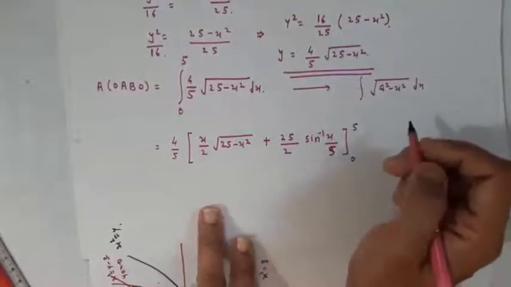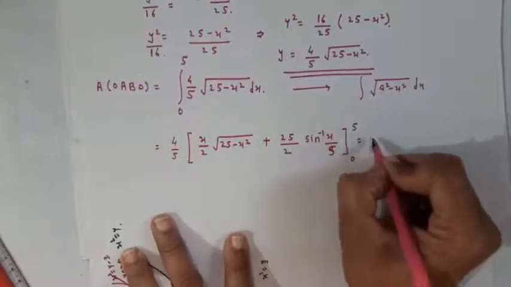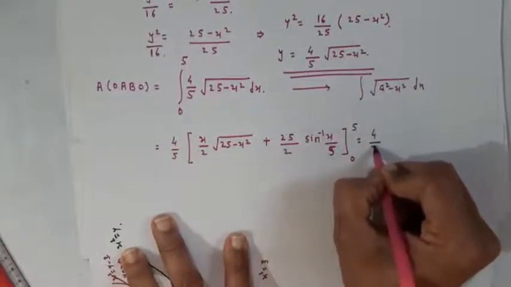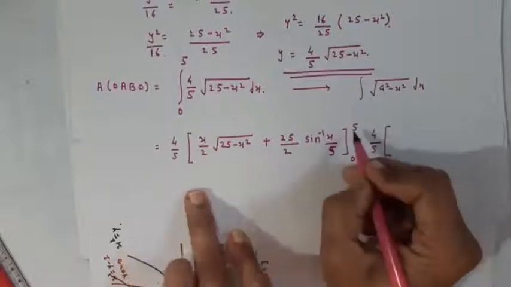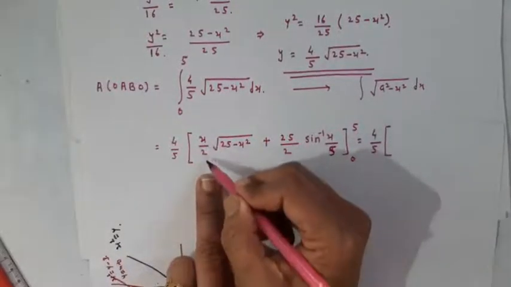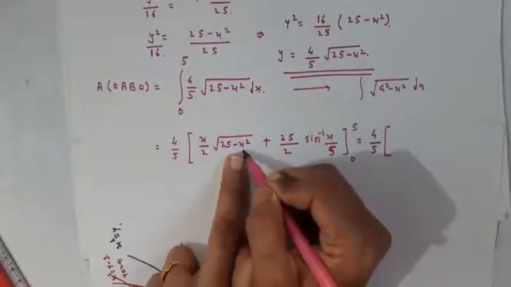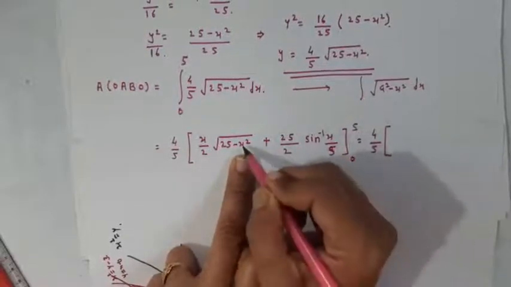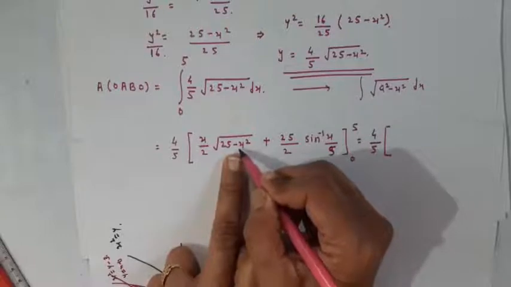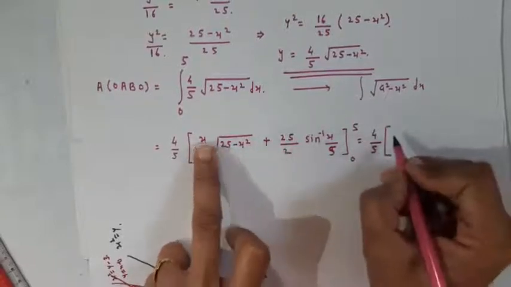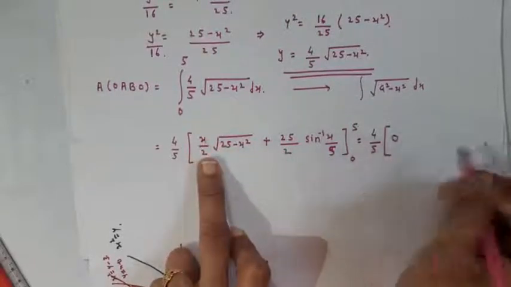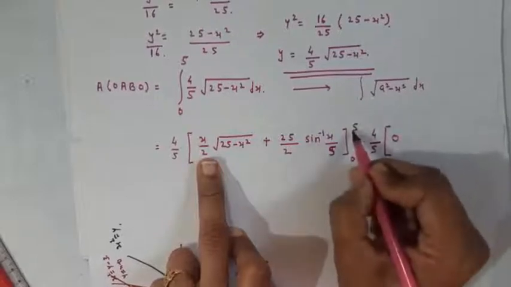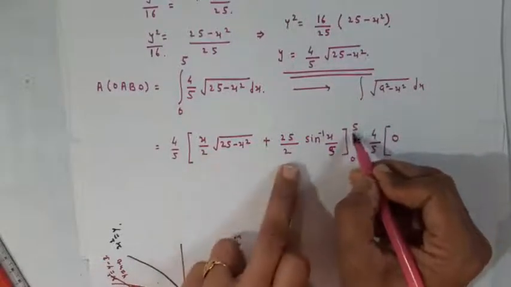Now put the limits of integration. We will get 4 upon 5 as it is. Put the value of x by 2 square root of 25 minus x square, where the value of x is 5. 5 square means 25, 25 minus 25 is 0, 0 into x by 2 is 0. So first term is 0 when we put x equal to 5.